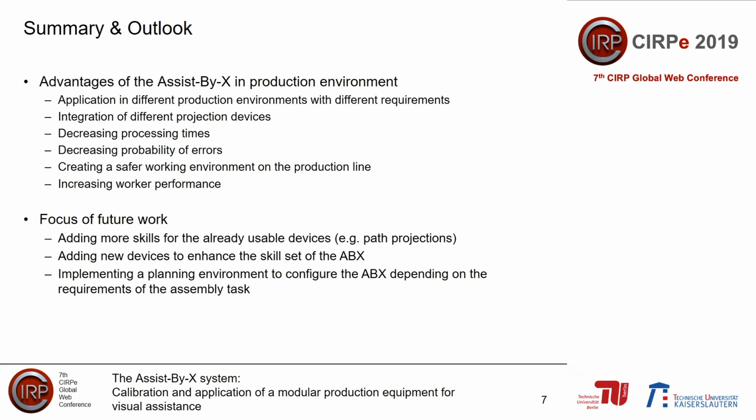In addition to that, it was shown that with the combination of technologies like the Raspberry Pi, mathematical modeling and calibration, and IoT communication protocols, it's possible to adapt devices from other industries to the requirements of modern production. By doing so, it's possible to decrease processing times because the projection helps the worker to do his task more efficiently, thereby decreasing the probability of errors like picking the wrong parts for the assembly task.